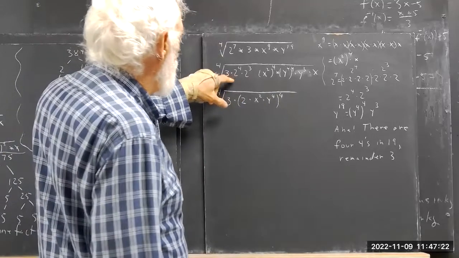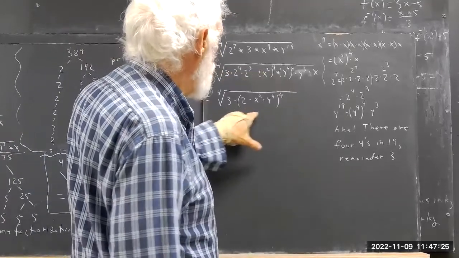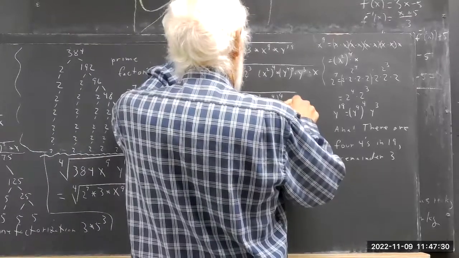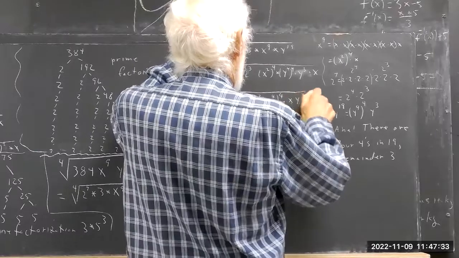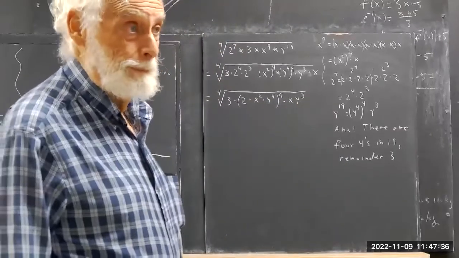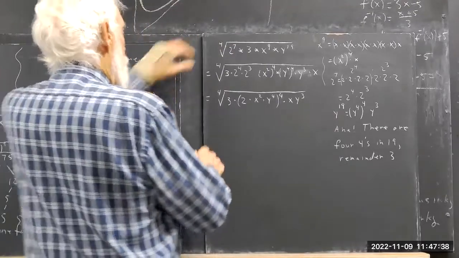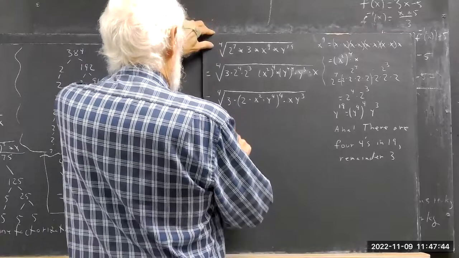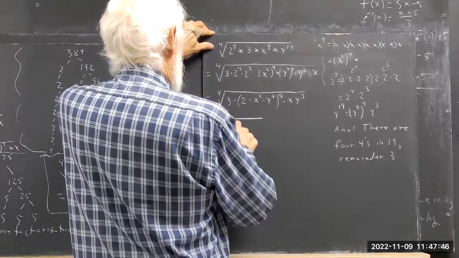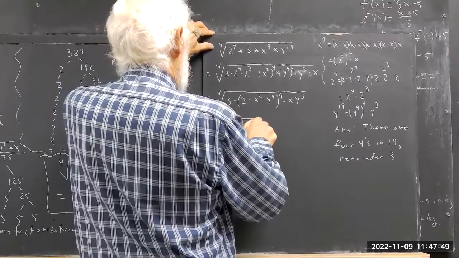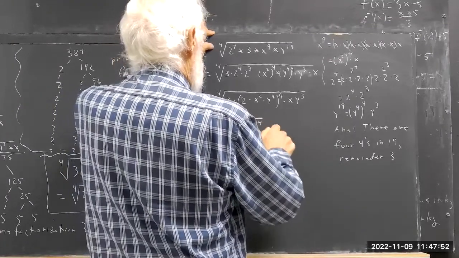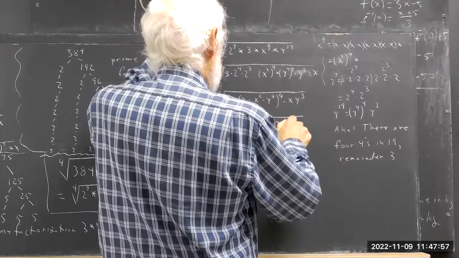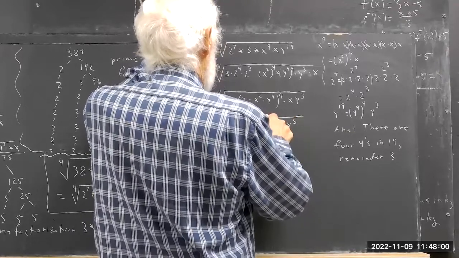I'm going to do the 2 to the x squared and the y to the 4th all in a group to the 4th power, times xy cubed. Now I'm going to write this as the fourth root of 2x squared y to the fourth times the fourth root of 3xy cubed.